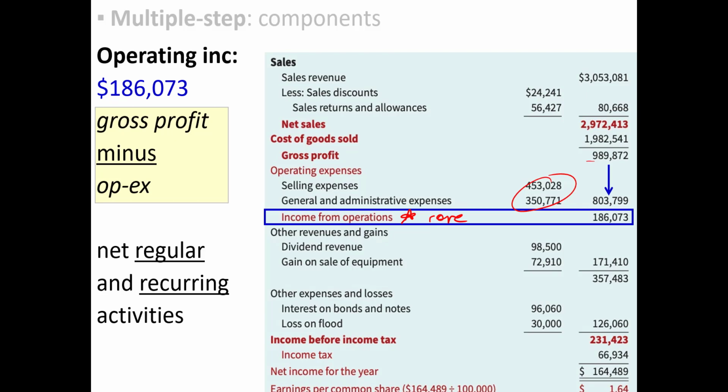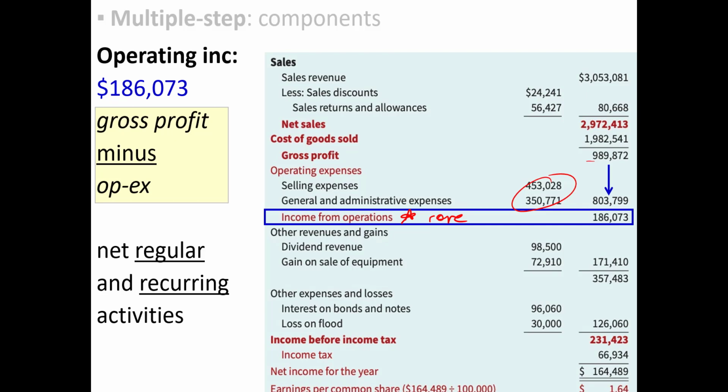We're not done explaining what happened during the year, but we want to show the core profits from just doing what we do best: selling pizzas, selling motorcycles, selling tennis shoes. Okay? Income from operations does not include any tax.